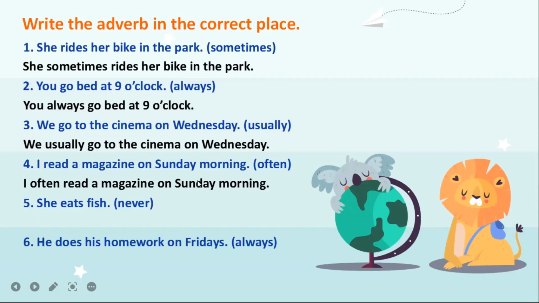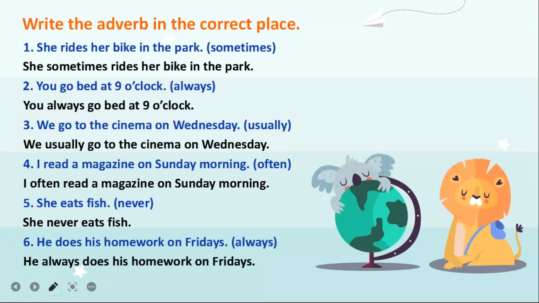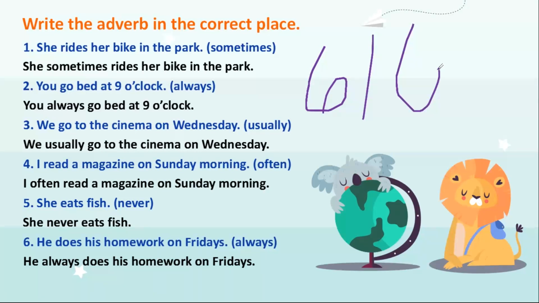How about number five? She never eats fish. Great. Lastly, we have number six. What's your answer in number six, Kim? He always does his homework on Friday. Very good. Okay, so great job, Kim. So for this one, you got a perfect score of 6 out of 6 here.